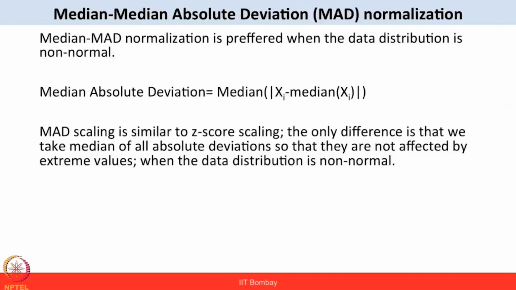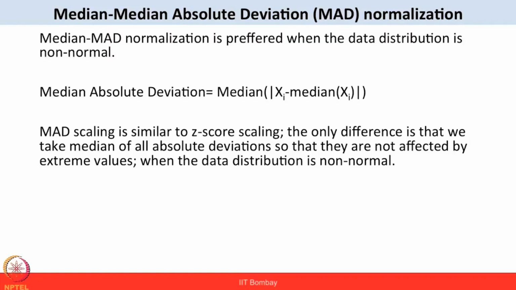Next comes the median absolute deviation normalization, which we abbreviate as MAD normalization. MAD normalization is preferred when the distribution of the data is not normal, and it is particularly useful in that case. Z-score is applicable when we assume that the data distribution is Gaussian and normally distributed.